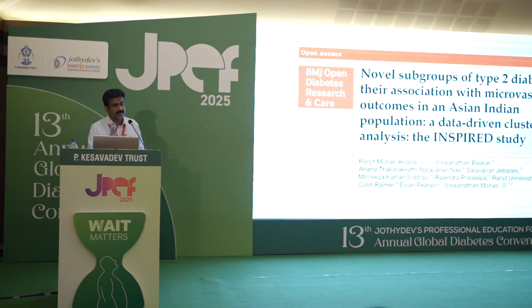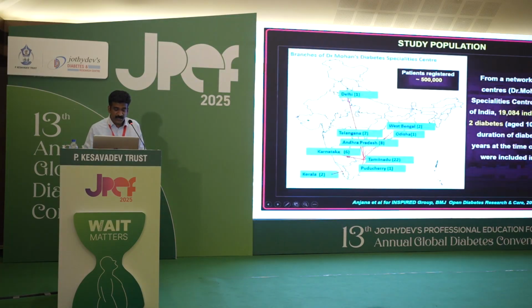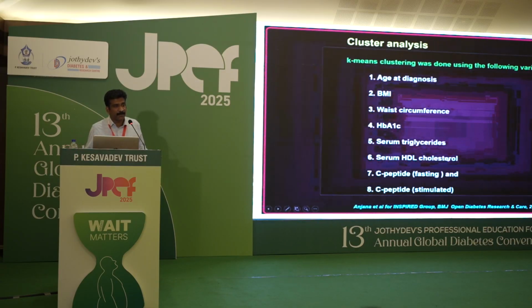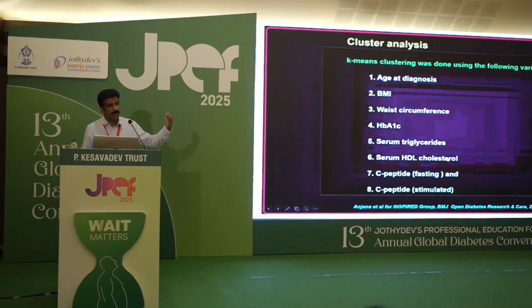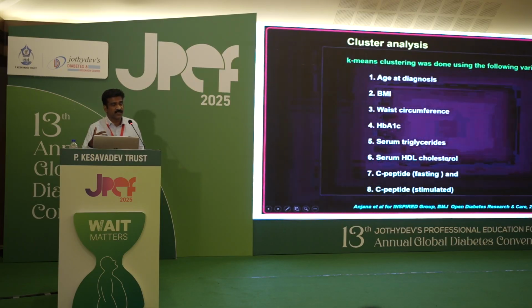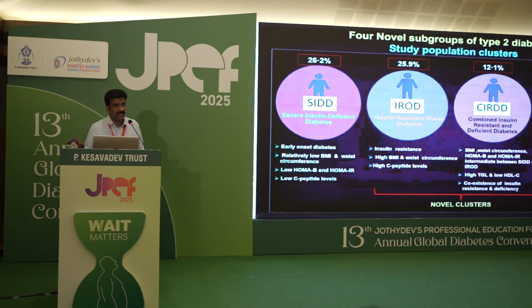Based on this, the Mohan group from Chennai collaborated with Dundee University from Scotland, and they did a study known as the INSPIRED study. It included around 20,000 patients, and they did clustering based on 8 parameters. Rather than HOMA, they took the serum C-peptide levels, both fasting and stimulated, and they found these 4 important clusters.